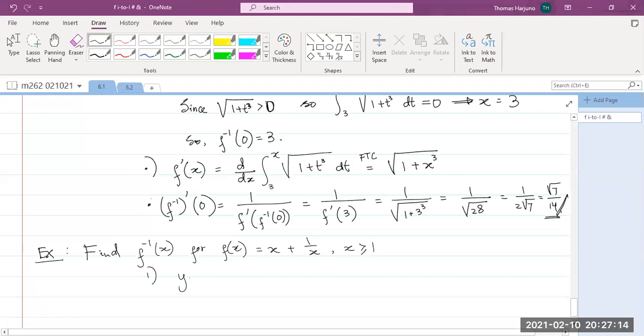Step 1, so this is x plus 1 over x, which is basically x squared plus 1 over x, right?